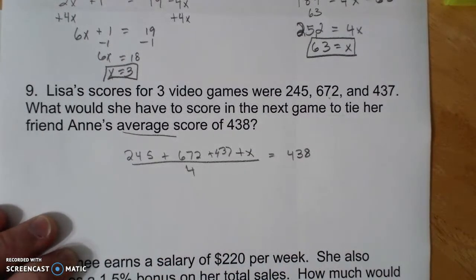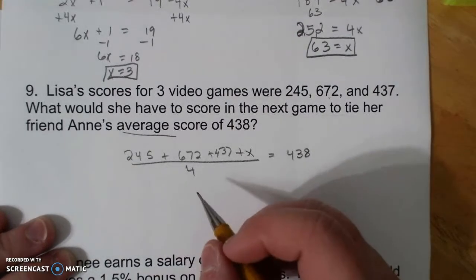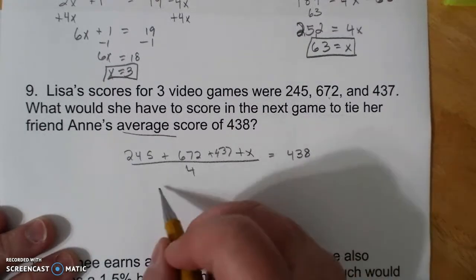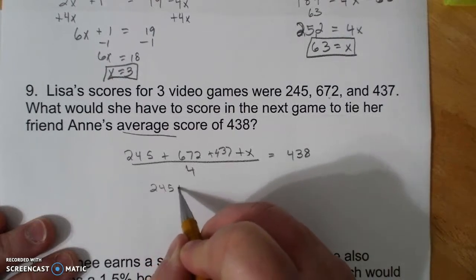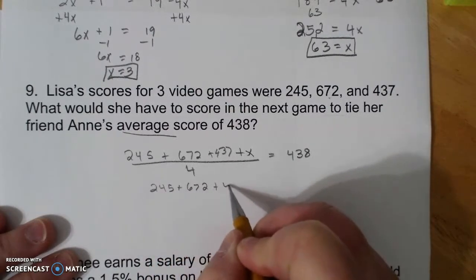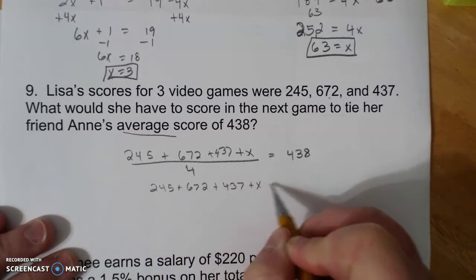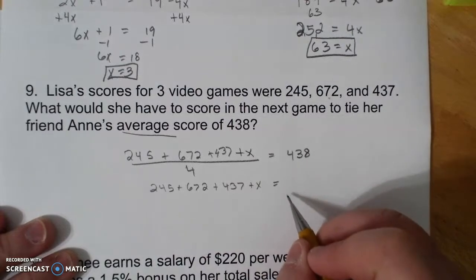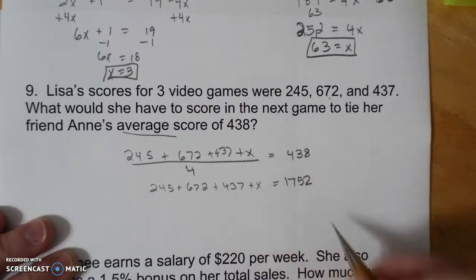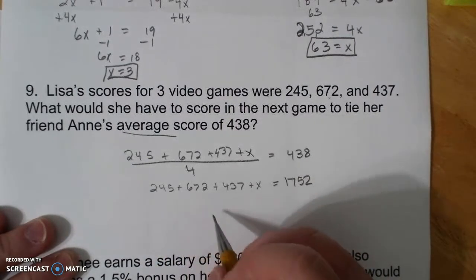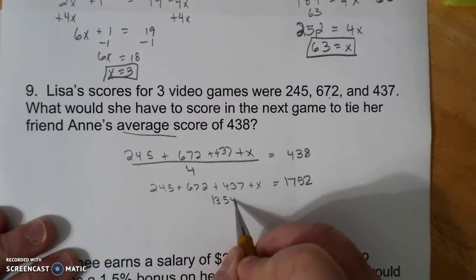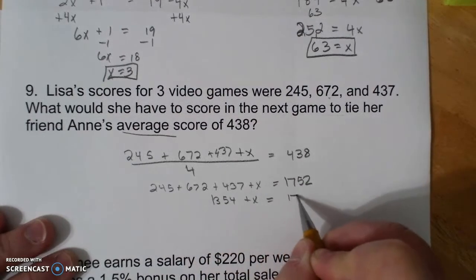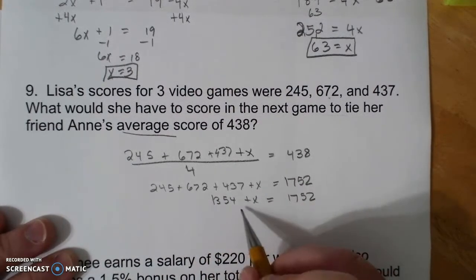So I'm going to multiply both sides by 4, and I'm going to get 245 plus 672 plus 37 plus x equals 1752. Going to add all that up. 1354 plus x equals 1752.